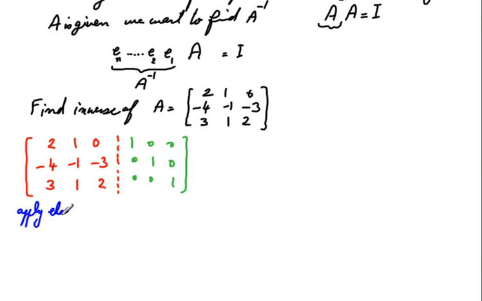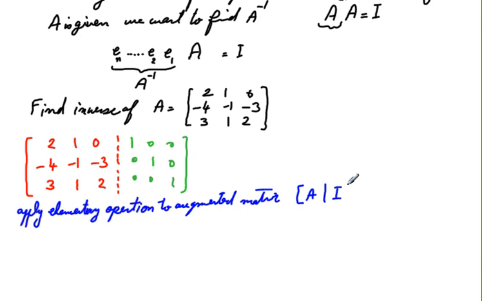So the general objective is to apply elementary operations to the entire augmented matrix. A is on the left and I is on the right, until, after a sequence of operations, the left becomes identity.